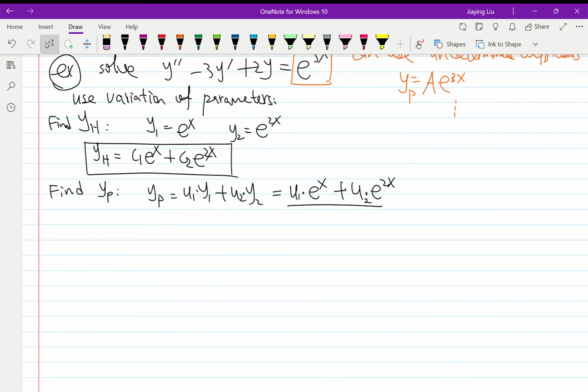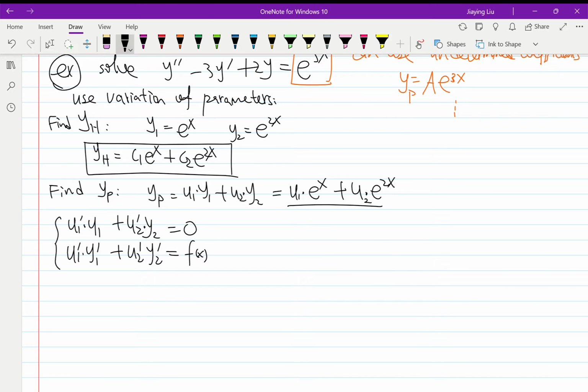Let me write them down again on the side to remind us. u1 prime y1 plus u2 prime y2 equals 0. u1 prime y1 prime plus u2 prime y2 prime equals f of x. At the beginning, it's good to write it a few times, but as you get more comfortable and have it memorized, you don't have to write them down.